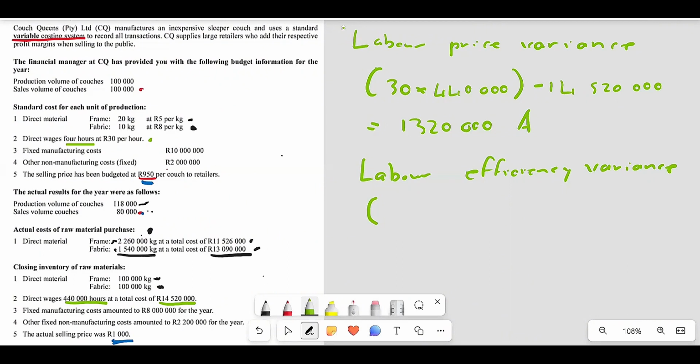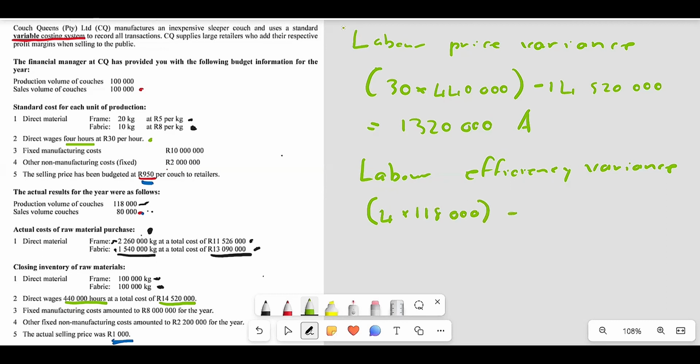So now a lot of people can find the trick, right? But all you need to keep in mind is that you have budgeted to use 4 hours and we are using the actual production volume of this. So basically it's gonna be 4 multiplied by 118,000, right?